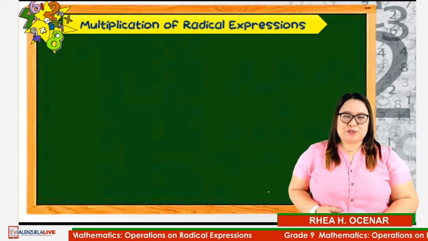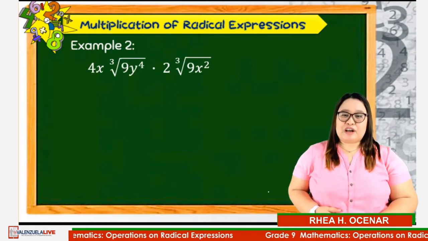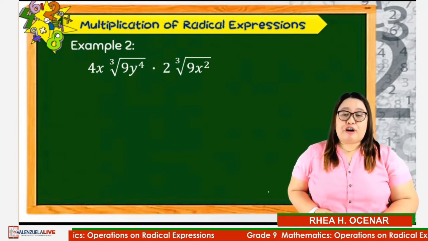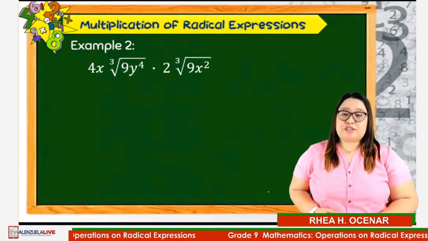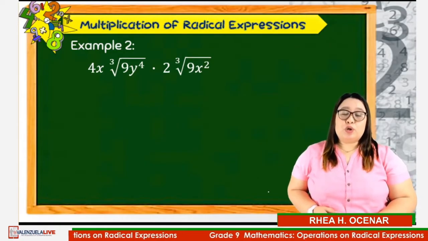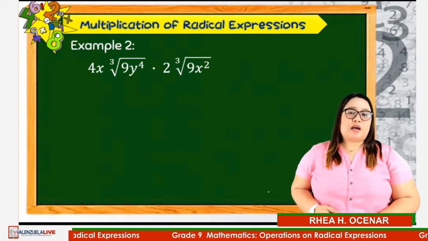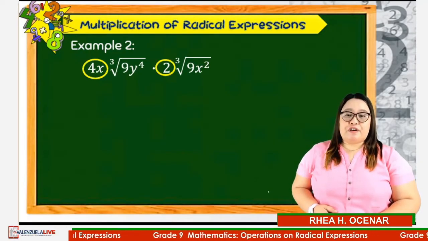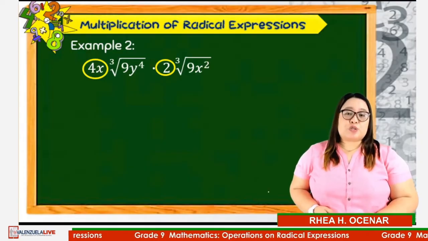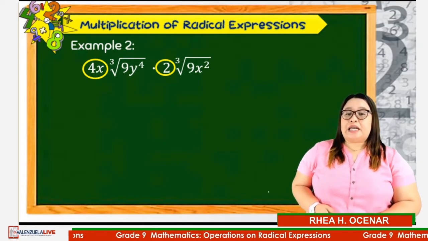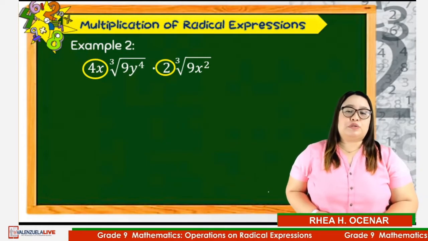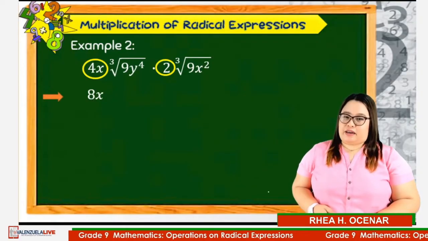Example number 2. 4x cube root of 9y raised to 4 times 2 cube root of 9x squared. Multiply first the coefficients. So 4x times 2 is equal to 8x.